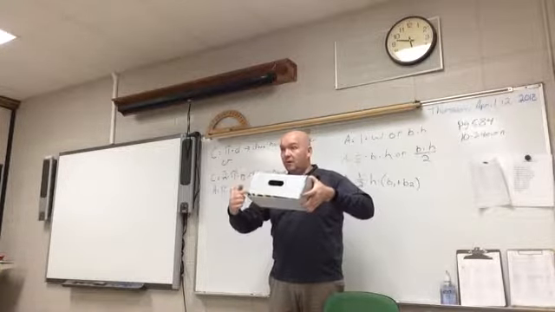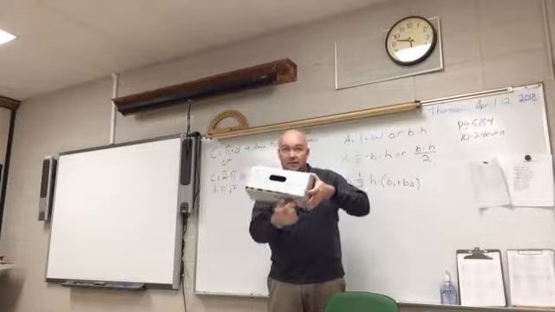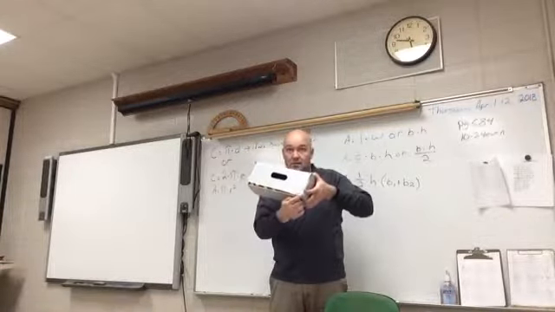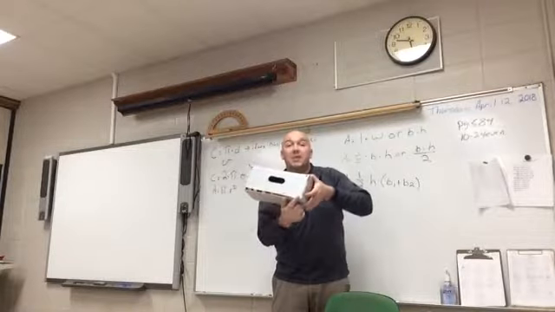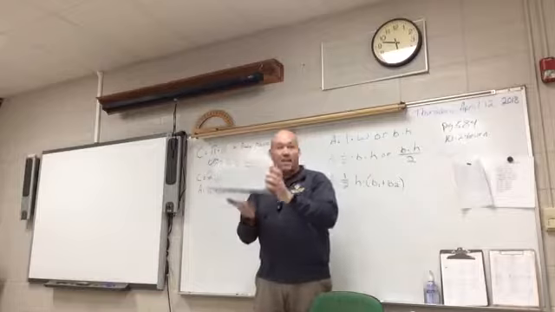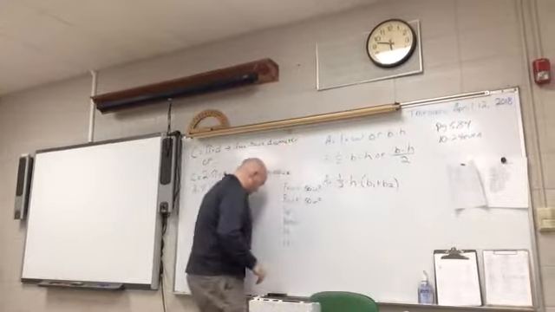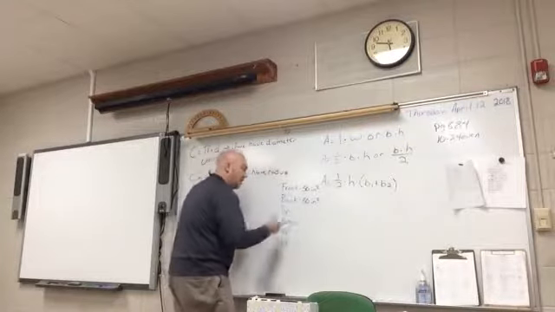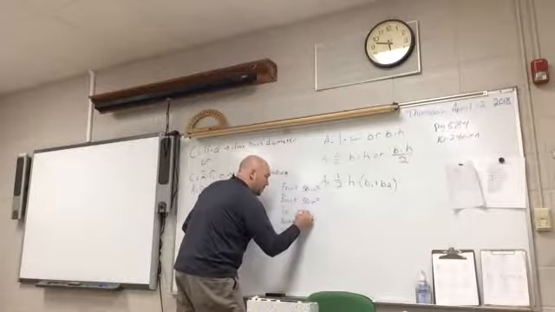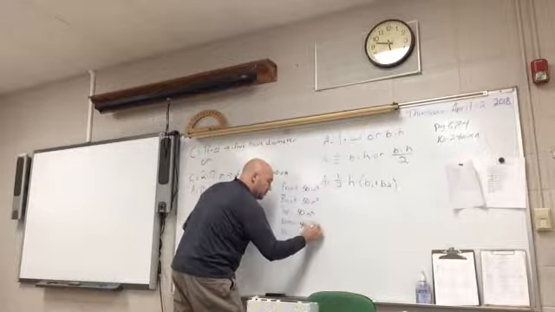So if this is 4, what's the area of the top? The area would be 40. This was 10. This is 4. So my top and my bottom is 40. Okay. So we got 40 square inches, 40 square inches.